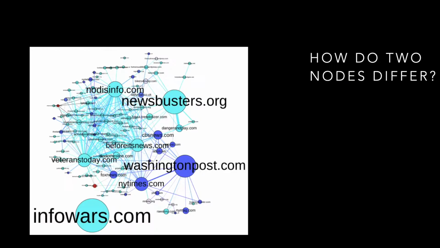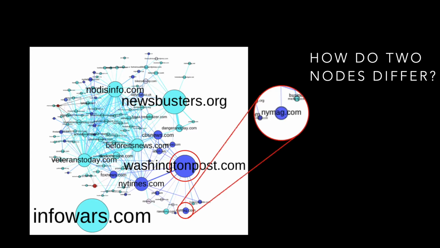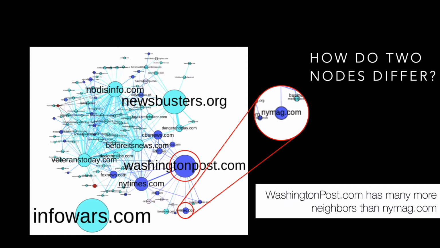And these are two distinct kinds of importance or kinds of behaviors, and we can measure them separately with the HITS algorithm. Maybe a more direct way, and actually an example that we saw when we talked about the PageRank algorithm, was if we compare two nodes in a graph, say the Washington Post here and the New York Magazine website, we can compare them also based on what's called degree, or how many neighbors they have.